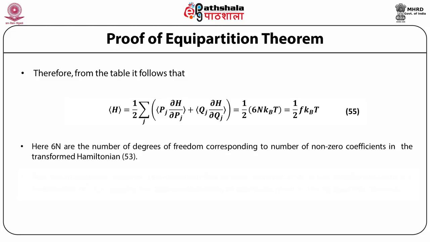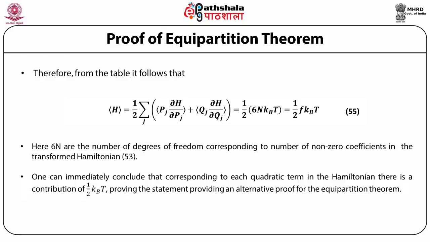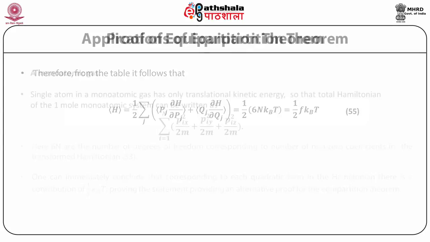Here 6N is the number of degrees of freedom corresponding to the number of non-zero coefficients in the transformed Hamiltonian. One can immediately conclude that corresponding to each quadratic term in the Hamiltonian, there is a contribution of half kBT, proving the statement, providing an alternative proof for the equipartition theorem.